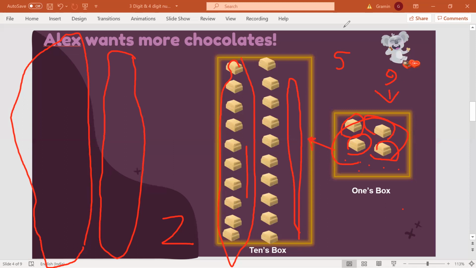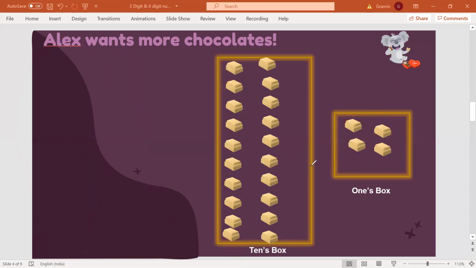So now to represent the number, we will count the number of groups of 10 chocolates in the 10's box. So how many groups of 10 chocolates are there? This is the first group, this is the second group. So how many groups are there? Total 2 groups are there in the 10's box.